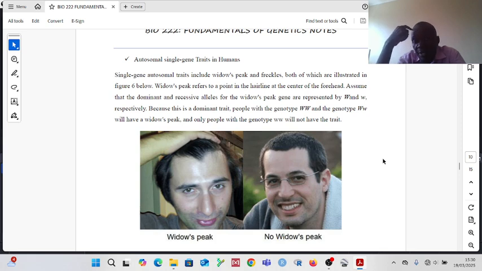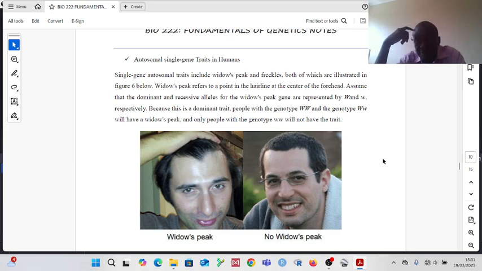Some go too straight and others will have a sharp point. For those who have a sharp point, we call that the widow's peak. So the widow's peak refers to a point in the hairline at the center of the forehead.